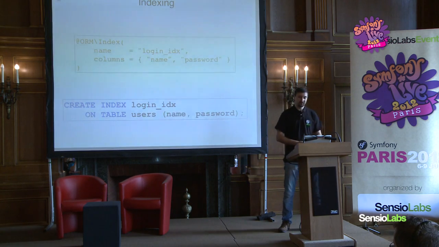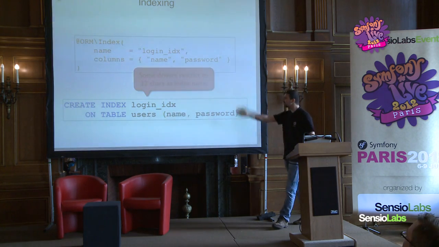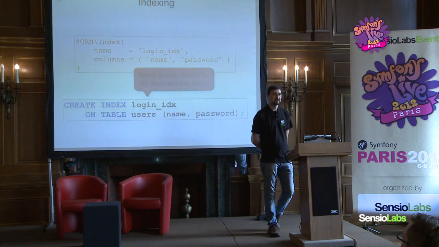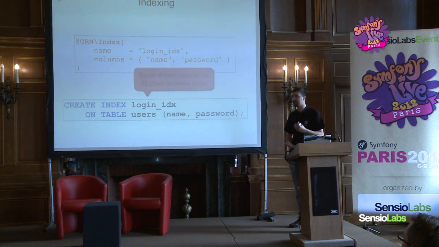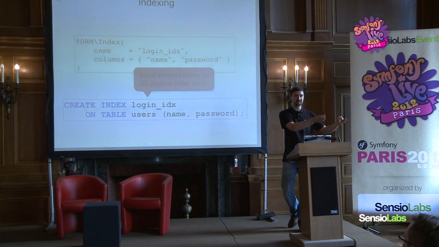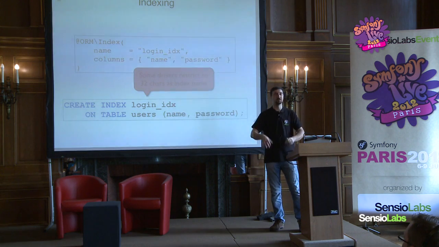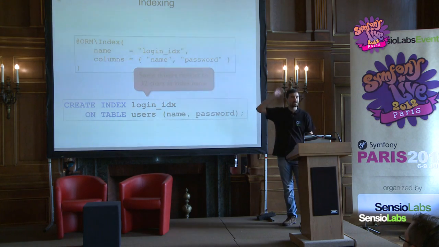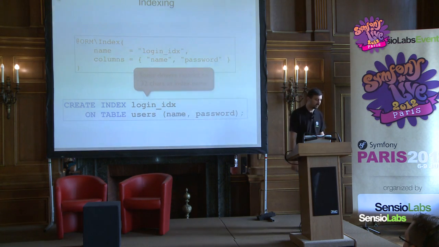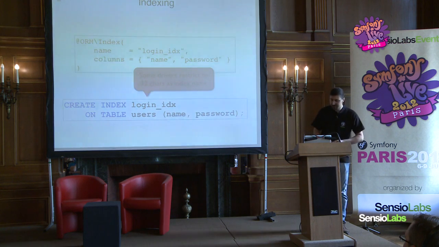That's what they do. For example, some drivers only accept 32 characters here. And if you have 2 entities and you try to auto-generate them, and that's back to Doctrine 1, it's going to generate a concatenation between the first table and the second table, and then you have a long name that's more than 32 characters, and then you're going to suffer. And we have hundreds of issues that were reported at that time.